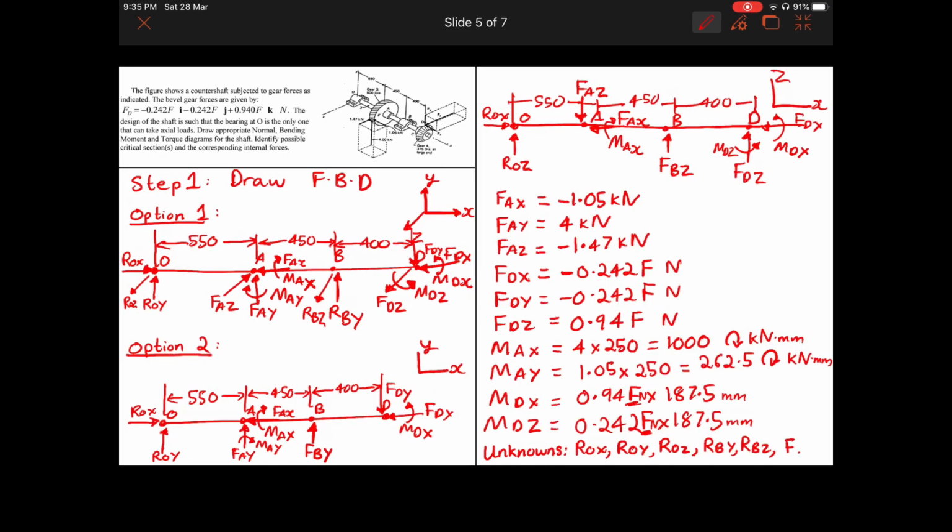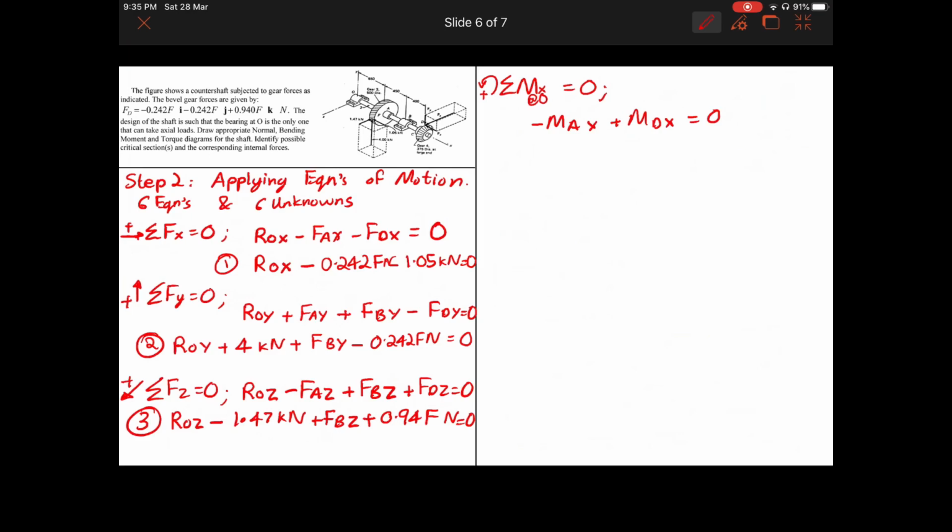Let's go back and confirm this. We have MAX, which is clockwise, so we put it as negative, and MDX, which is counterclockwise, which is positive. The same goes in these figures as well. So along the x-axis, the moment is MAX and MDX only. This is negative and this is positive. Hence, I have written this equation. So this is equation number 4.